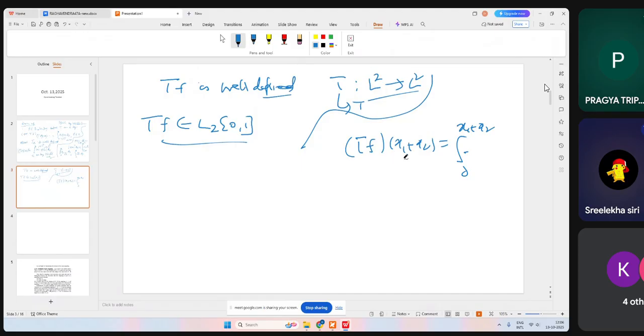I don't know why this should be less than or equal to 1, because the definition is on [0,1]. Say take x1 equal to 3 by 4 and x2 equal to 3 by 4. If you add, it is 1.5. This may not be in the domain. So this answer is wrong.